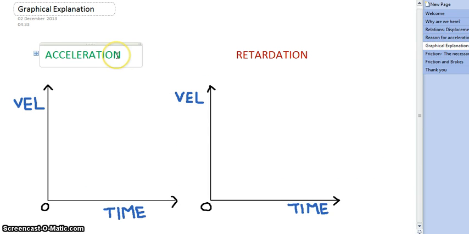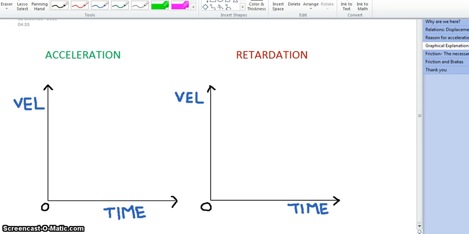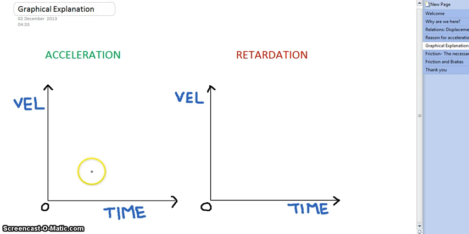So we have a graphical representation of acceleration and retardation. You see, acceleration takes place whenever the velocity of a body increases with increase in time. So this should be the graph. The graph can also look like this.